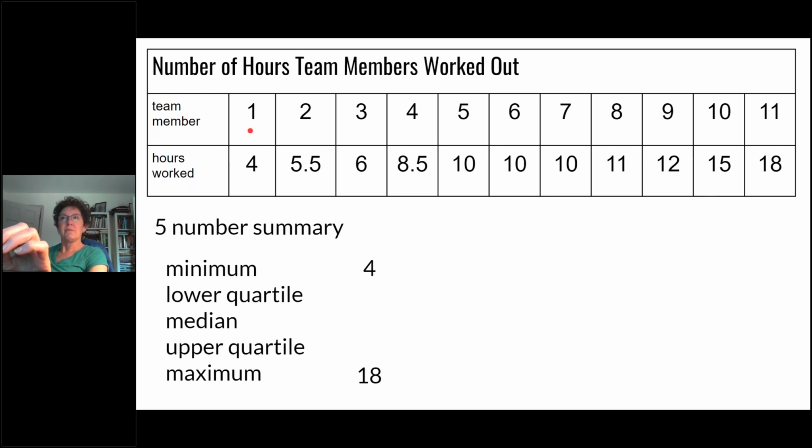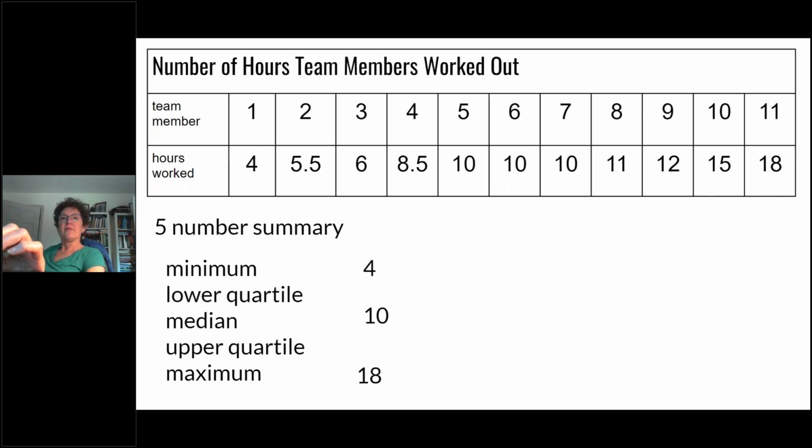Again, there are only 11 members on my team, so I know whichever number is in the middle is the median. There are 5 numbers less than that and 5 numbers greater than that. And even though there are 3 10s, that median number is still 10.